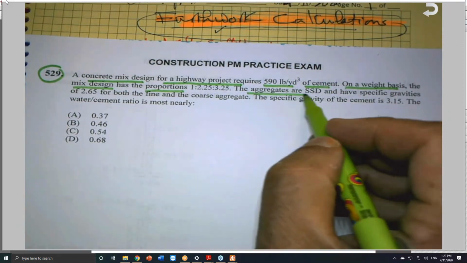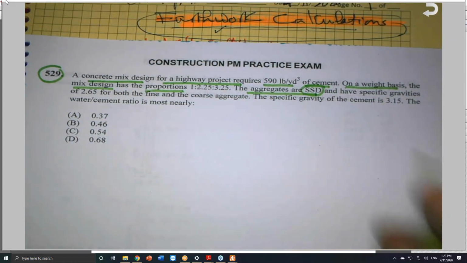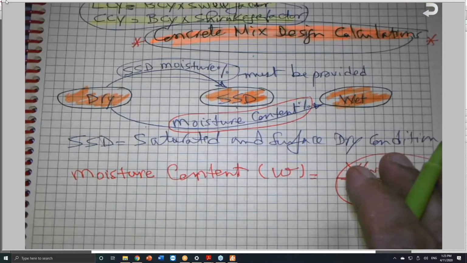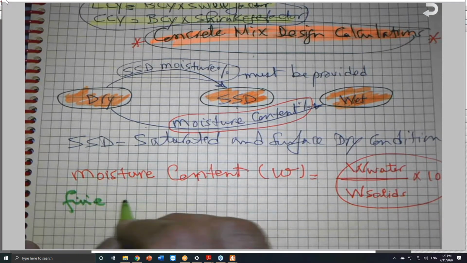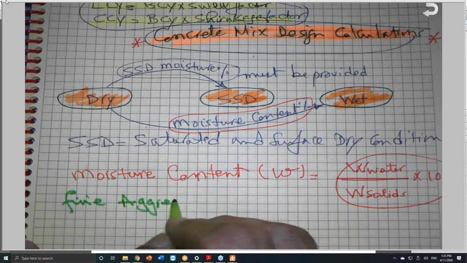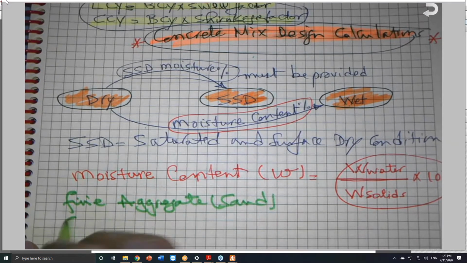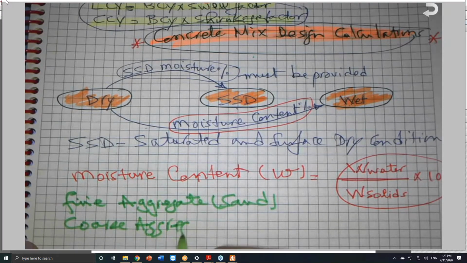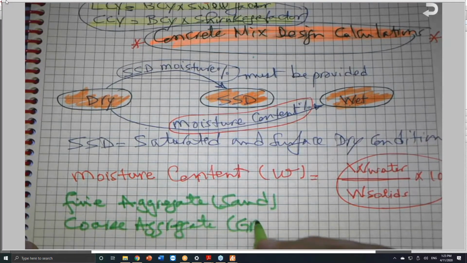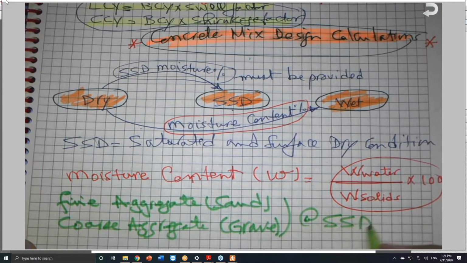The aggregates are SSD. Here we go, SSD, saturated and surface dry condition. He's telling me that the aggregates, both fine aggregate, which is sand, and coarse aggregate, which is gravel, both of them are at the SSD condition.